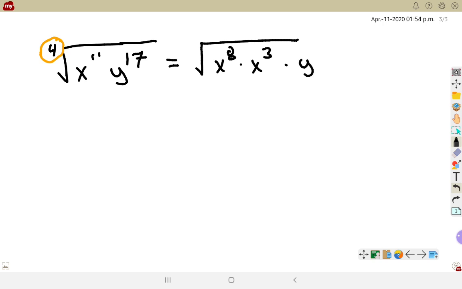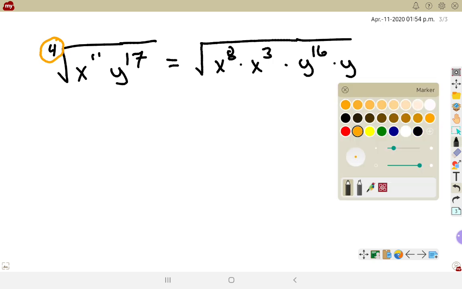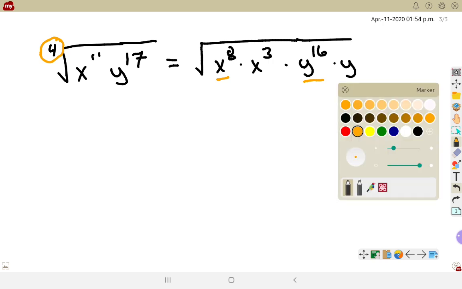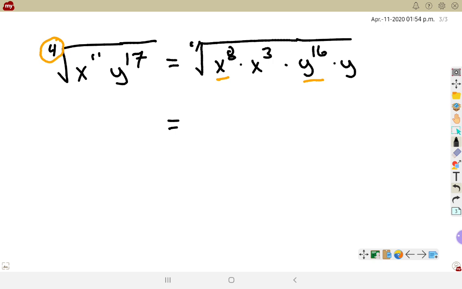For y, I could get 16 times y, and so now I've got it written where my two perfect fourths are x exponent 8 and y with an exponent of 16, and they are perfect fourths because both are divisible by 4. I should put the fourth root in front, otherwise that totally changes what we're doing.